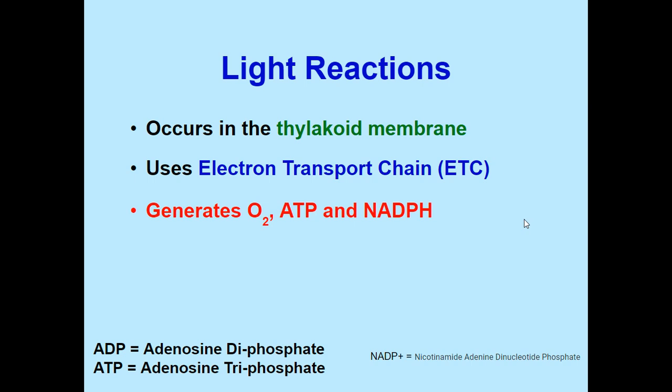ADP and NADP plus are less energetic and provide less energy than ATP and NADPH. And so that's the reason why we make ATP and NADPH, because they have the ability to provide more energy than the previous two.